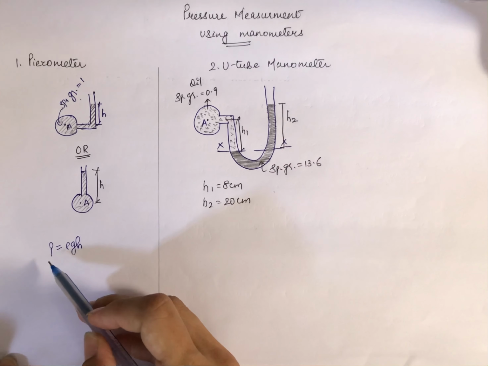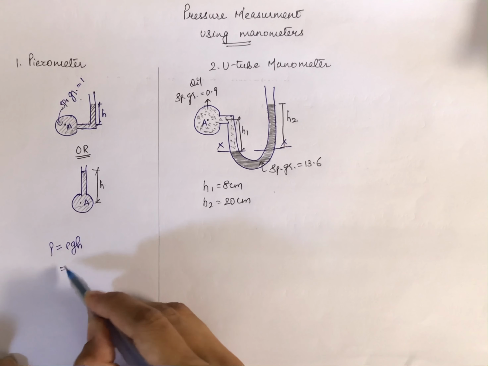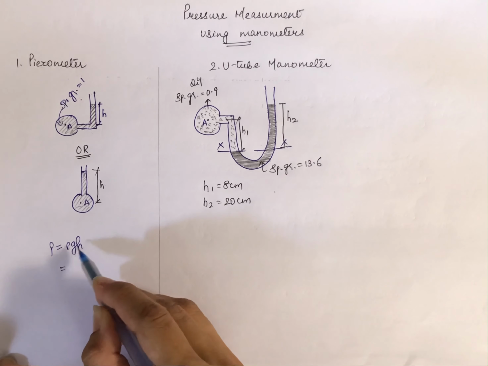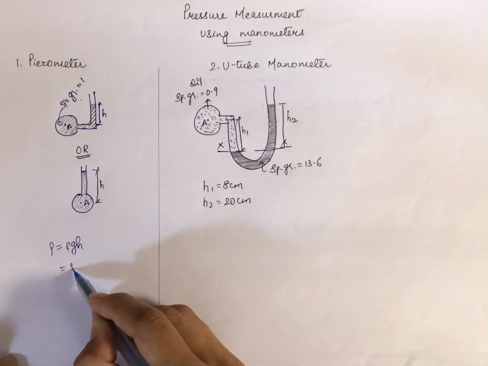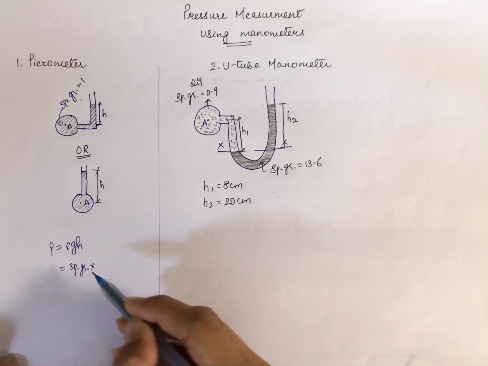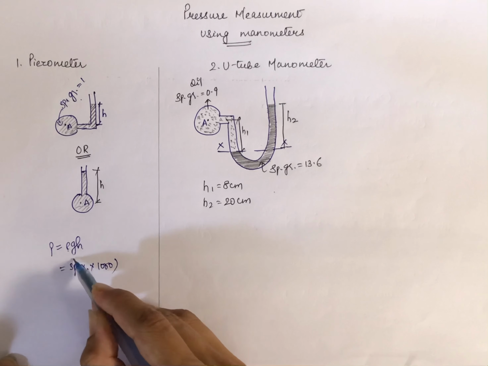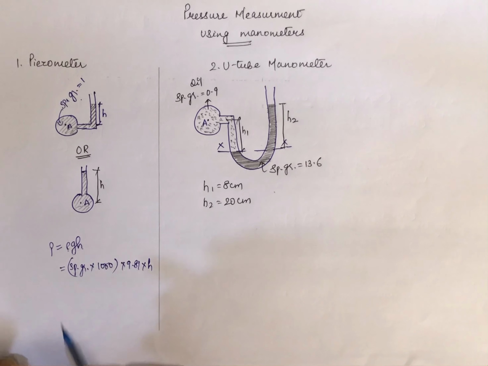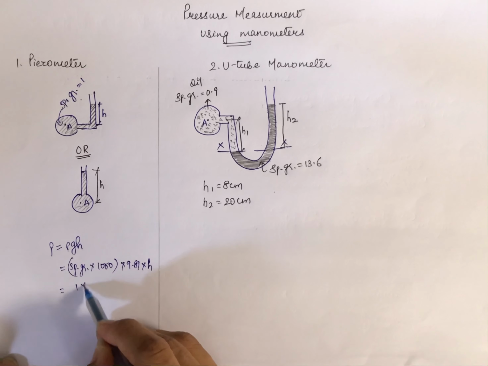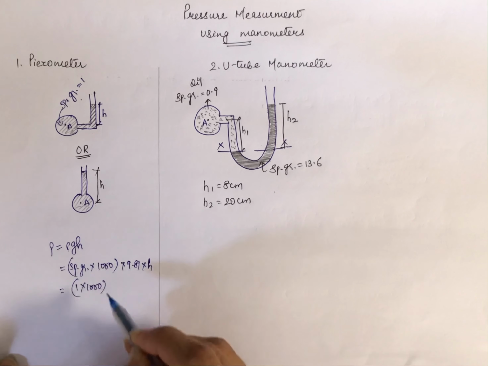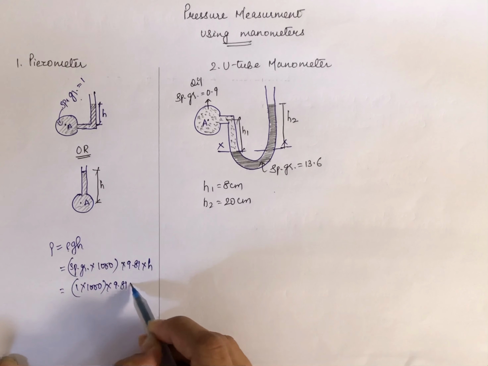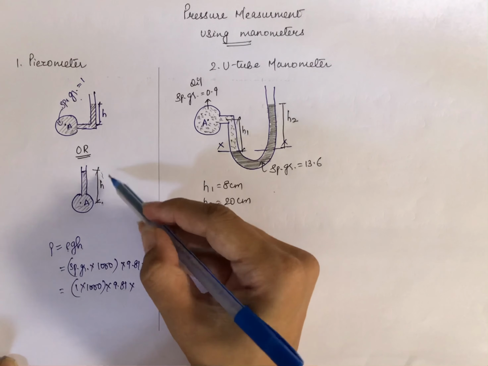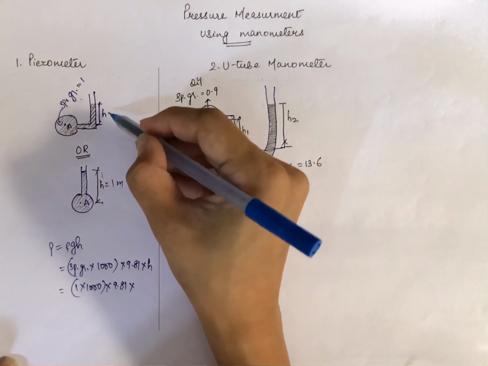So the pressure at the center of the pipe will be rho into G into H, and this rho will be specific gravity into 1000 into 9.81 into H. So that is 1 into 1000 into 9.81, and suppose the height of this water column is 1 meter.